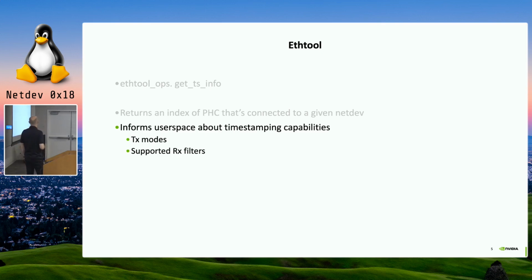So the TX modes, such as two-step or one-step timestamping, that the device supports, and the supported receive filters. You may not want to timestamp all the packets that come in, and you may have hardware that is capable of understanding which packets you are sending and timestamping just the relevant ones.